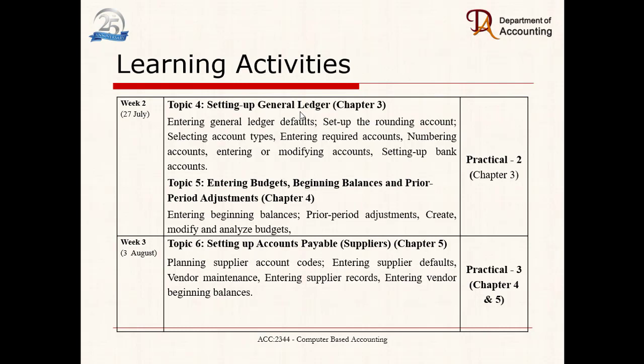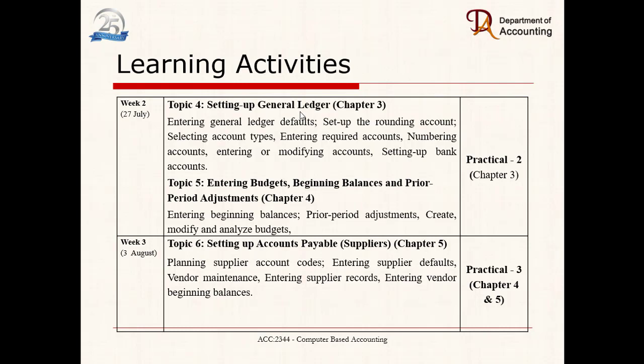Those income accounts have to be set, and together with that, the expenses: the cost of sales, administrative expenses, distribution expenses, finance and other expenses. Like you do that in the normal environment, in the computerized environment you are going to create these accounts. That is basically our second day discussion.